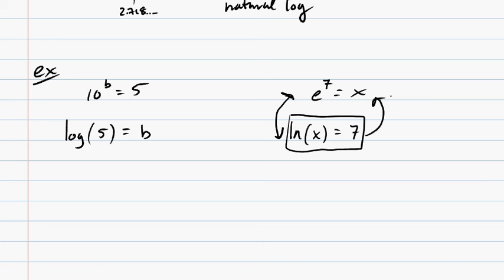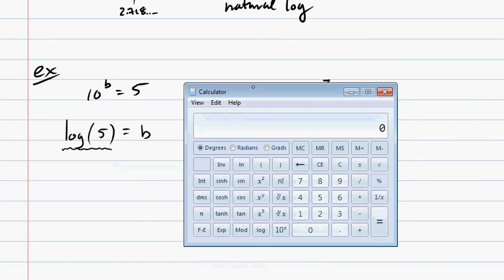So just a quick peek of why this is useful. If you look on the left side here, 10 to the b equals 5. Well, when we translated it, log 5 equals b, this right here can actually be done on a calculator. So let me pull up a calculator here. And you'll see we have a log button right there.